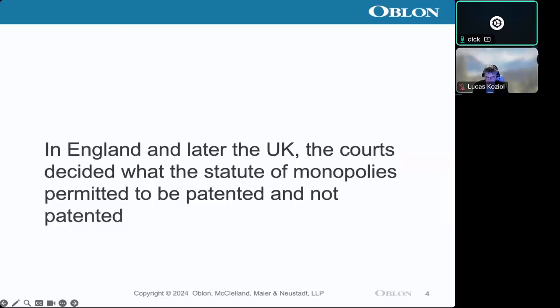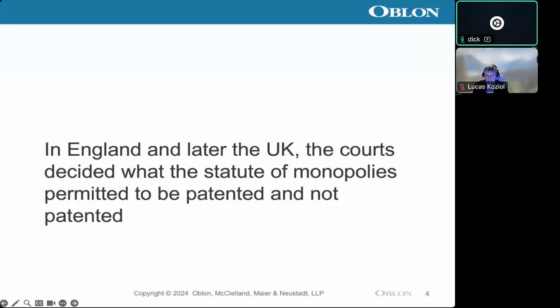Now, what we have in patent law, the common law begins with the English patent system. The English patent system prior to 1624 was strictly at the discretion of the crown, the king or queen as the case may be, with the help of the Privy Council.